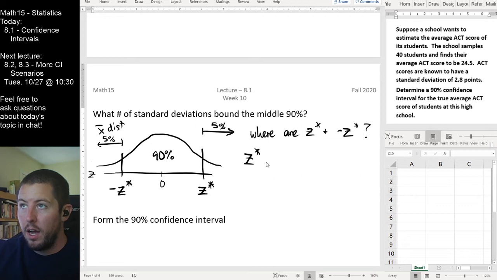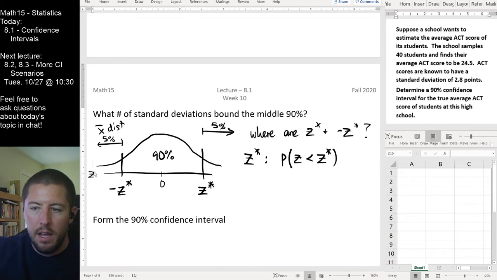should be defined such that the probability that our z value is to the left of z star... Let me talk our way through this. If we were to take a sample and find how many standard deviations our sample is from the mean, that would be z. If it's less than z star, that means it's to the left of z star.